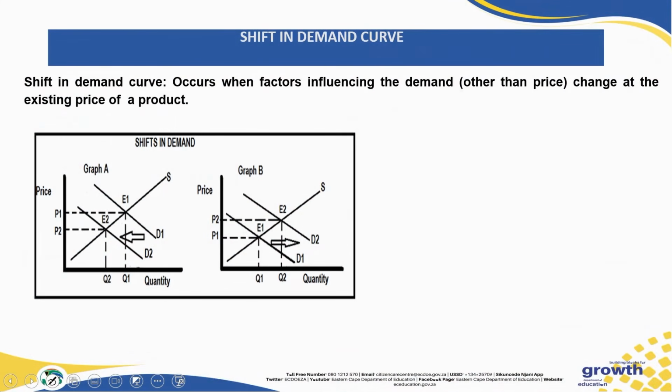Let's continue. We have the shift in demand curve. The shift in demand curve occurs when the factors influencing demand other than the price change at the existing price. The price does not change, but the demand of the product increases. For example, the quality of product. We have talked about the quality of product.